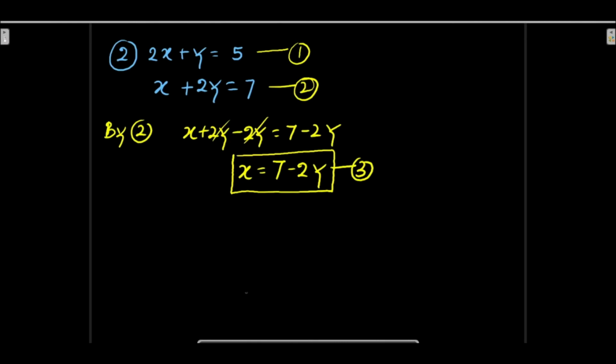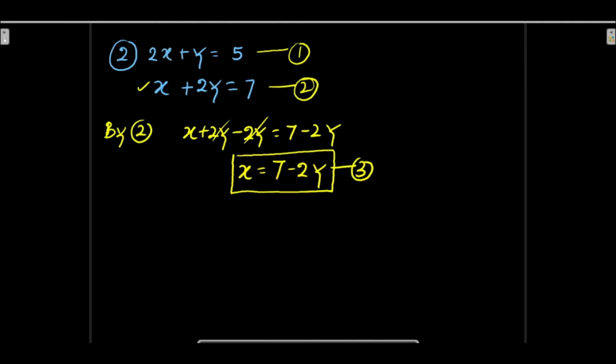So I have used this second equation. Then what I have to do is substitute this x value. Look at this x value, it is 7 minus 2y. I am going to substitute this x value in here.